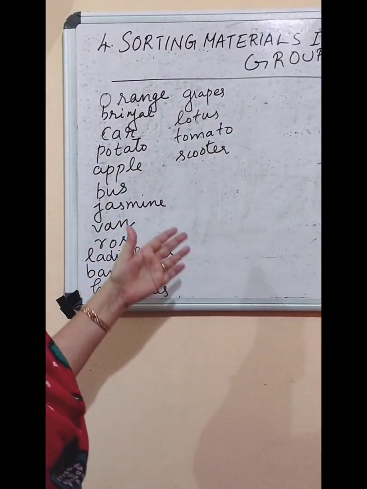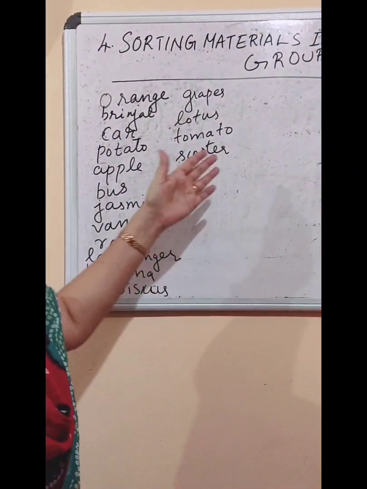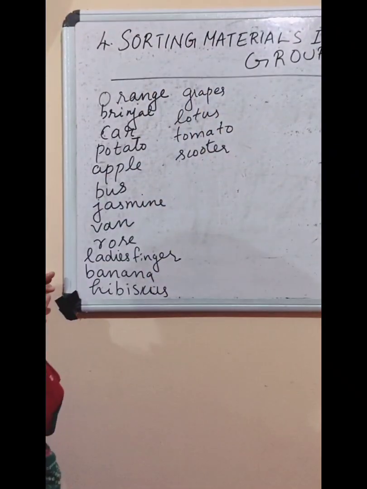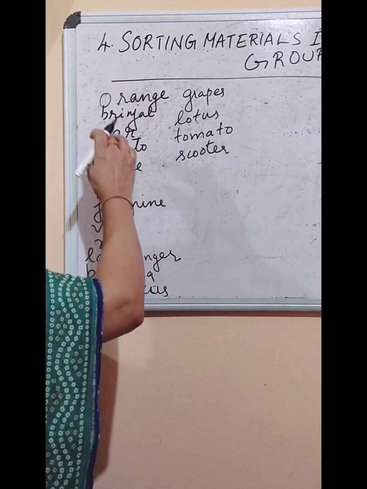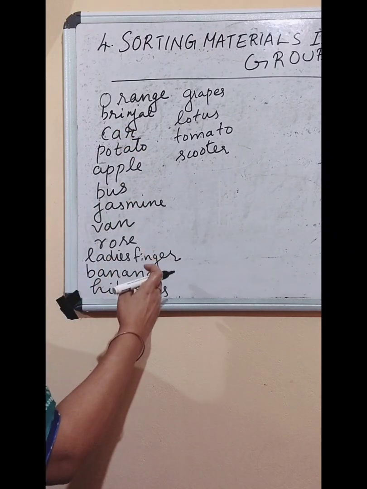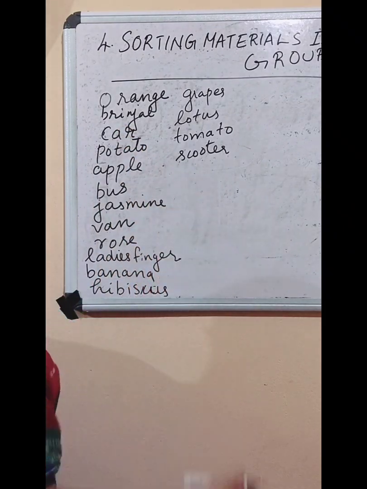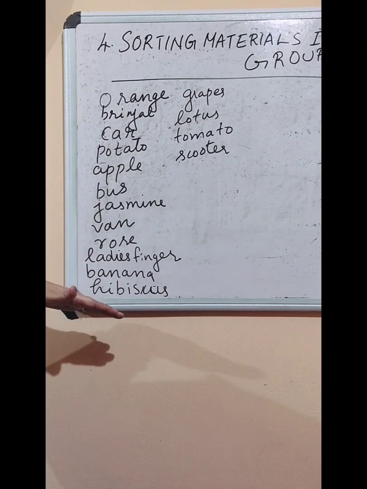Okay, so I have written the names of so many things. Now how we can classify all these things into different groups? So orange is a fruit, brinjal is a vegetable, car is a vehicle, then what? So fruits are there, vegetables are there, vehicles are there. So how we can classify?